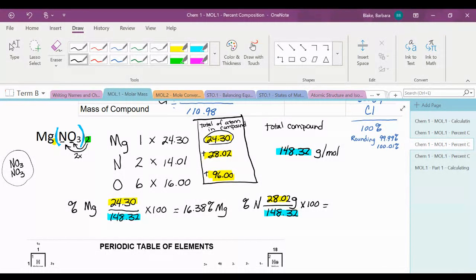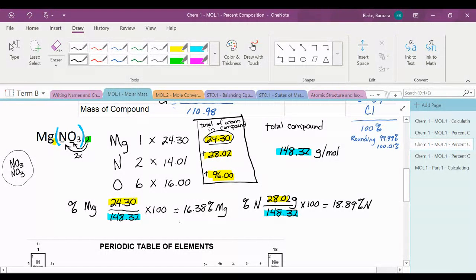And again, cell phone calculators work, or Google calculators work if you don't have a calculator readily accessible. And so I'm going to come up with 18.891, so I'll just go 18.89%, and this is percent nitrogen.